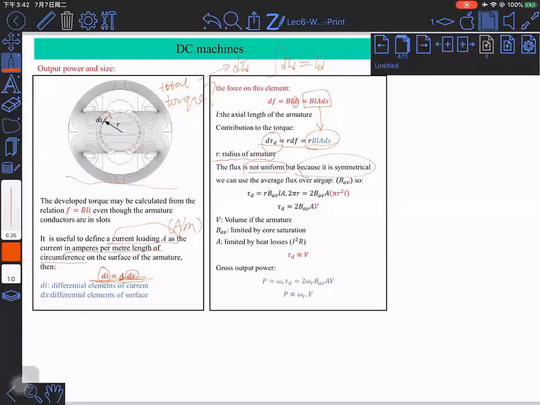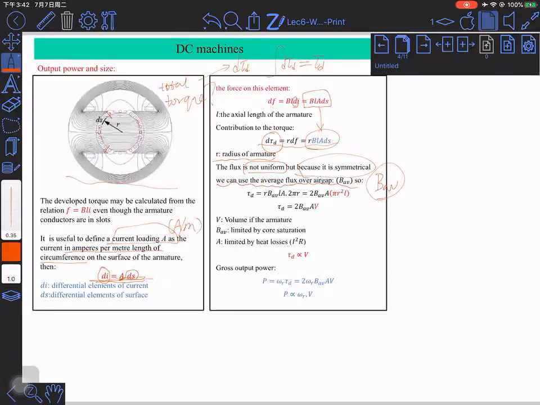For example, those two points are symmetrical. That gives us a chance to do the average of the flux. So because of the symmetrical feature, we can have an average flux B_av representing the average flux in the air gap. And this is quite reasonable and quite accurate.